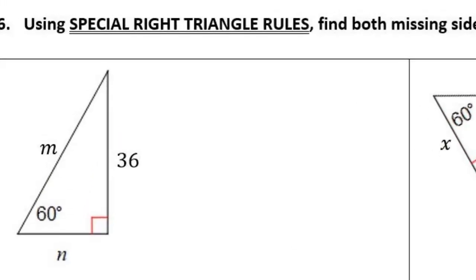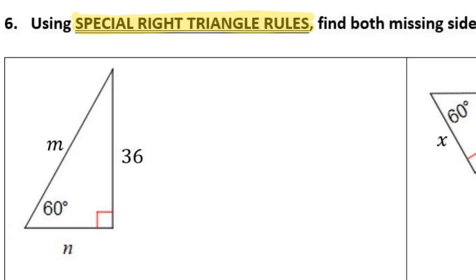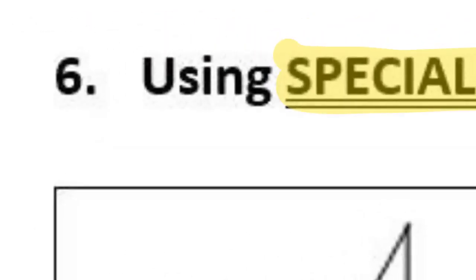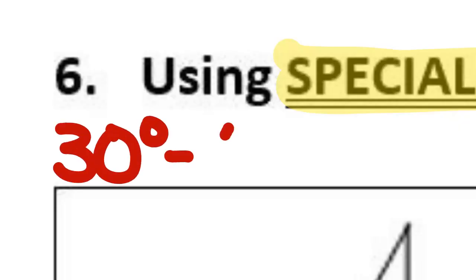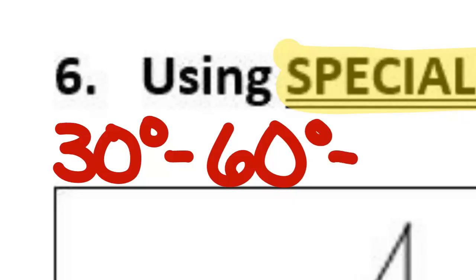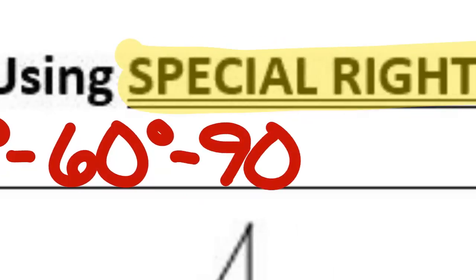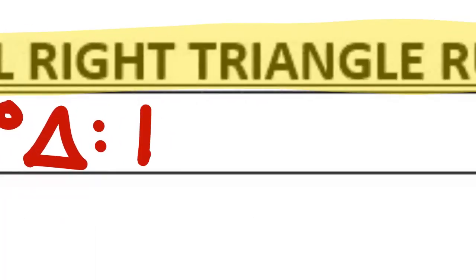So first thing I notice about number 6, it says using special right triangle rules. We have 3 special right triangle rules, but we only had 2 types of special right triangles. We had a 30, 60, 90 triangle, and we had 2 formulas for that.